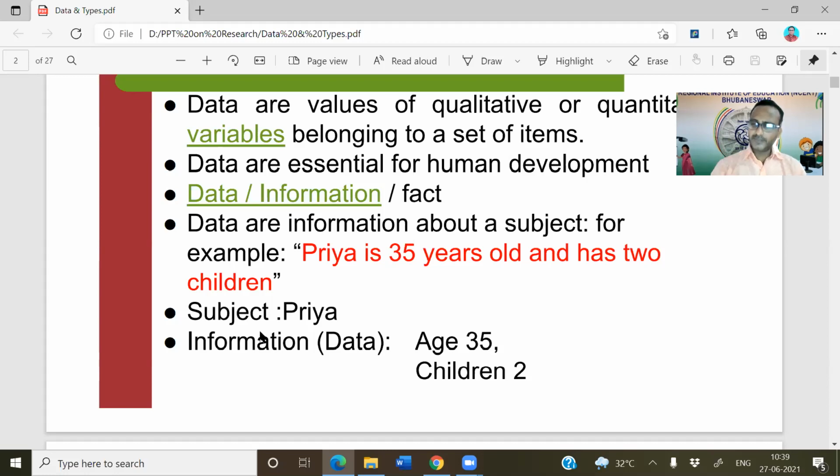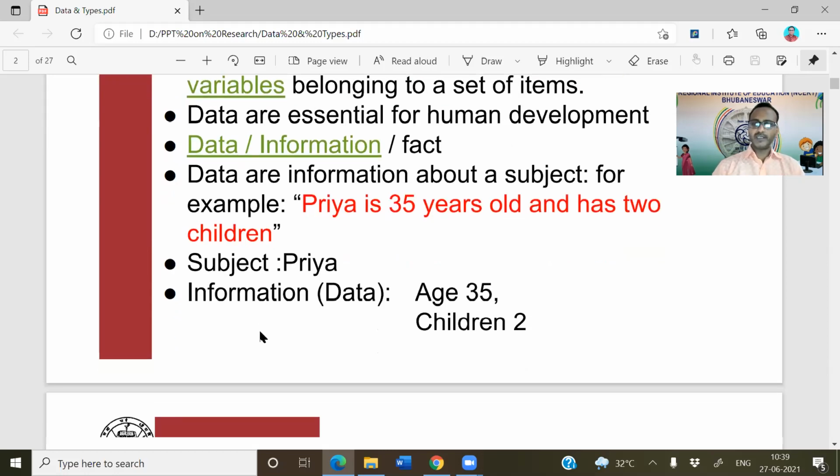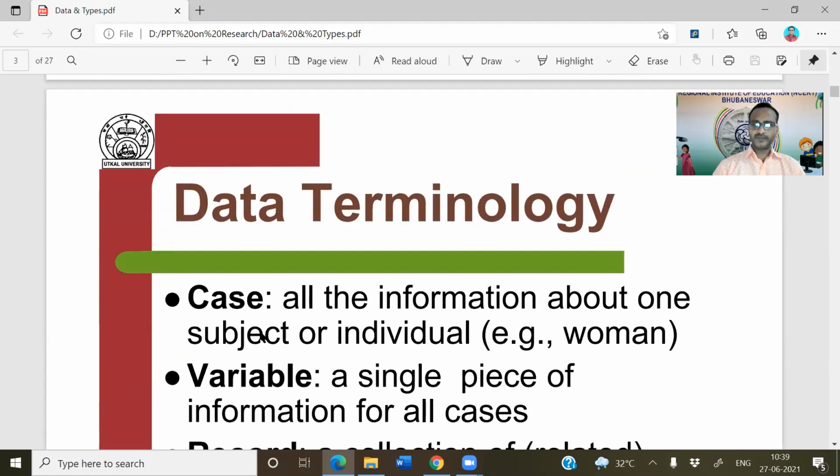So here the variable is the achievement in math, achievement in social science, achievement in mathematics. So data always deals with a subject. It always deals with information about the variable.